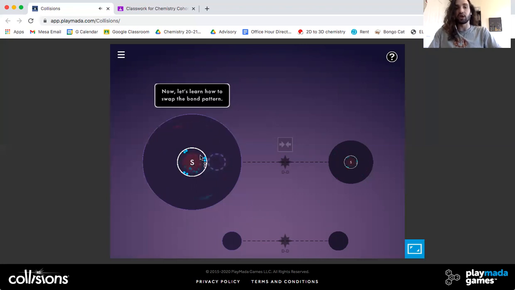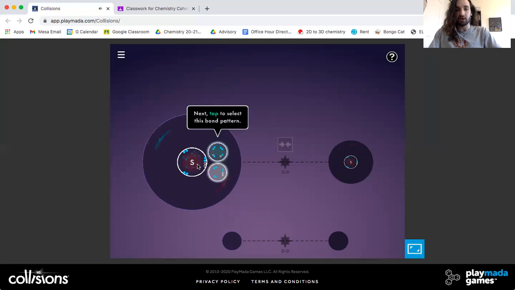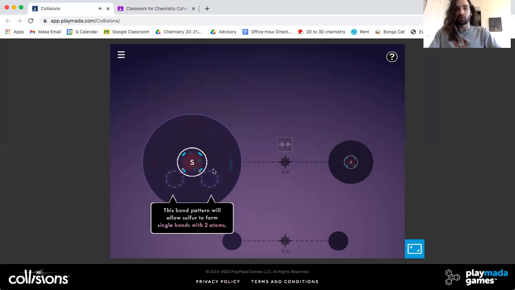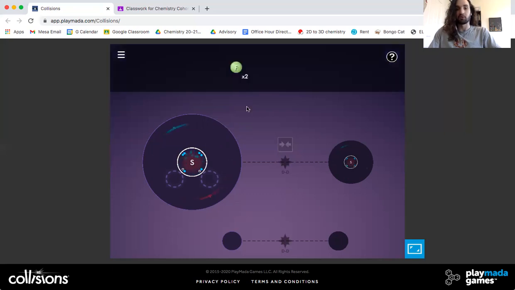Now we're going to change the bonding pattern. You see there's a little circle right here. There's nothing filled in. That's saying sulfur and one other thing. But say we want to change that, we click the atom again, and then we don't click the bottom one, which was the one that only had one. We're going to click the other bond pattern that's up here. Notice it's no longer 1 circle right here, it's 2 circles. So we're going to pretend that sulfur is bonding to 2 different things rather than just one thing. And again, that's not super important, but it's just how the game works.